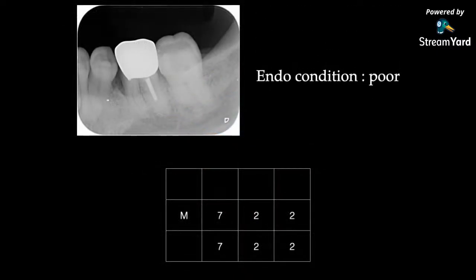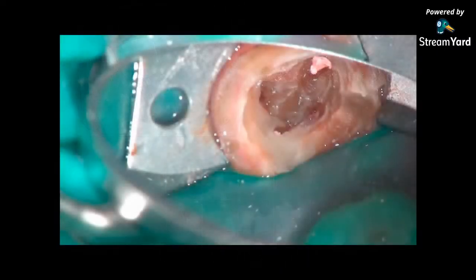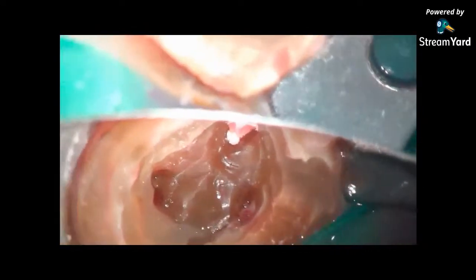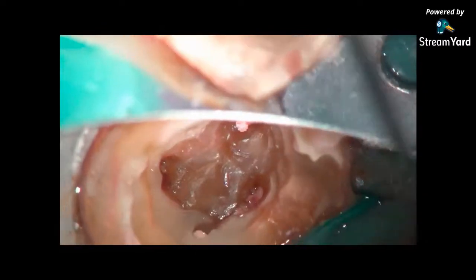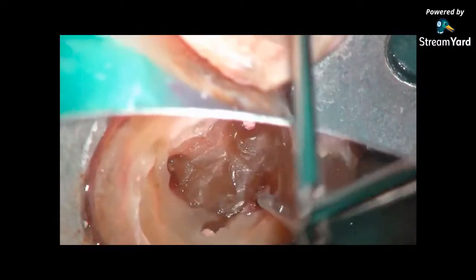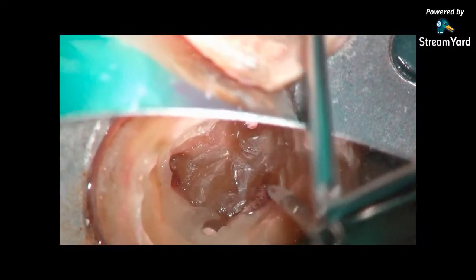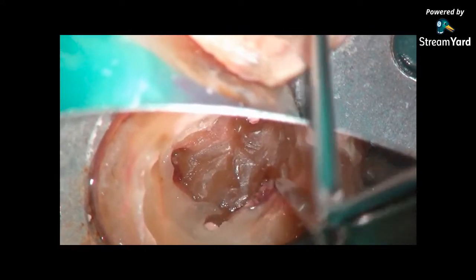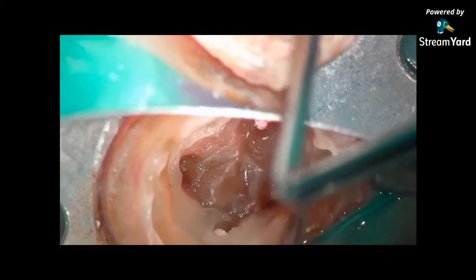And in this case, the endodontic condition was very poor. So first, we did endodontic treatment like this. And in the microscope view, you can see the granulation tissue in the mesial roots.